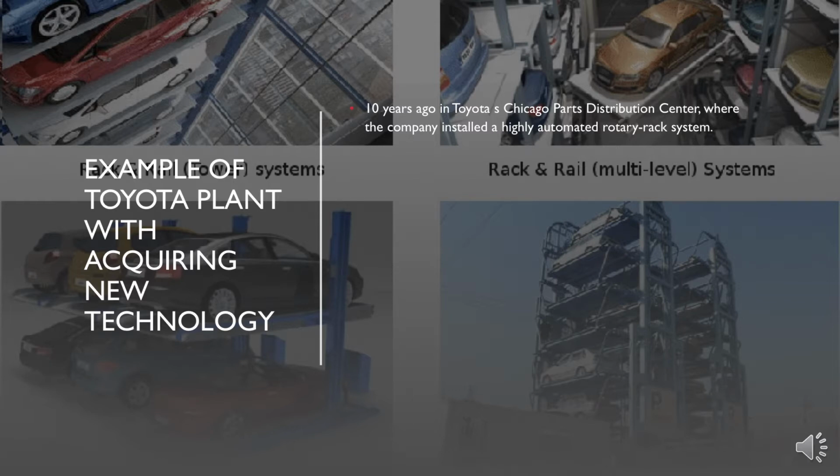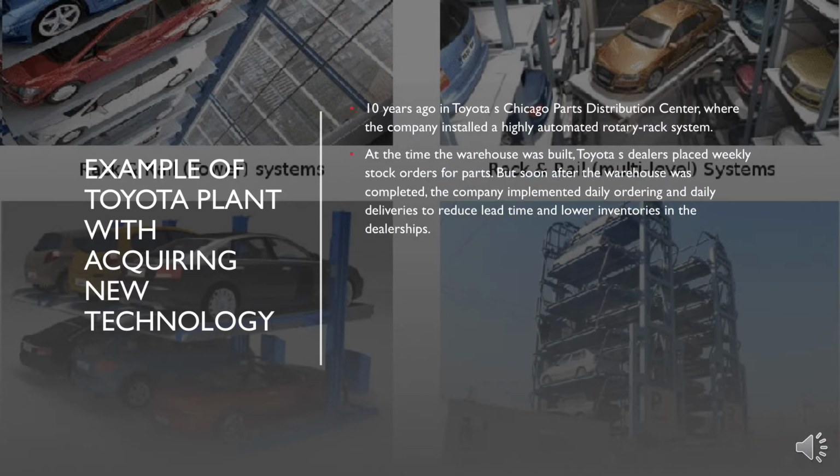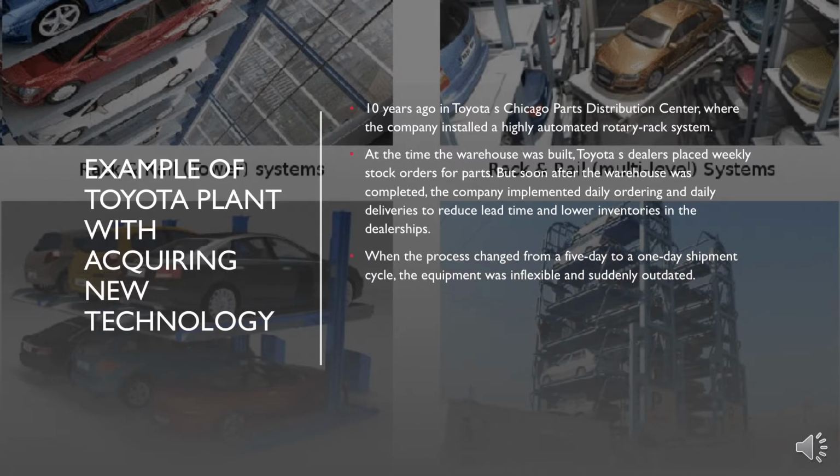The images you're seeing behind the PPT show an automatic rotary rack system. At the time the warehouse was built, Toyota dealers placed weekly stock orders for parts. But soon after the warehouse was completed, the company implemented daily ordering and daily deliveries to reduce lead time and lower inventories in the dealerships.